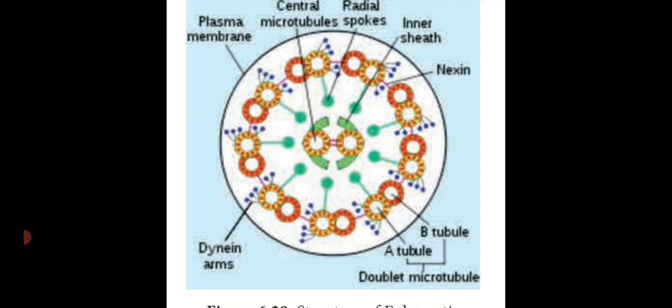So this dynein receives the energy from the ATP molecules and makes the flagellum or cilia bend inward, and it also makes the flagellum and cilia move outward. These activities take place in the plasma membrane.